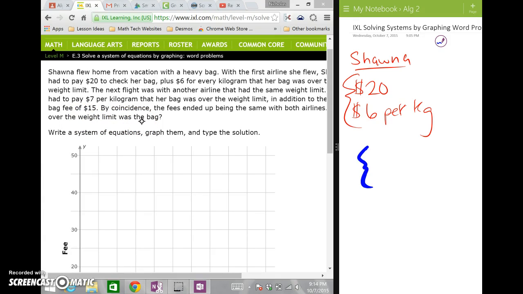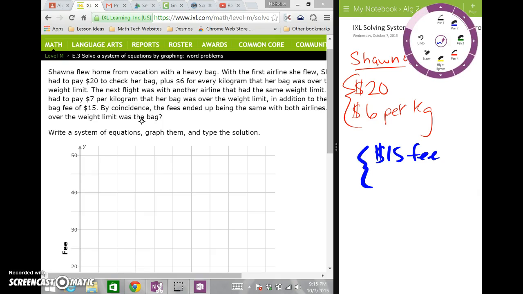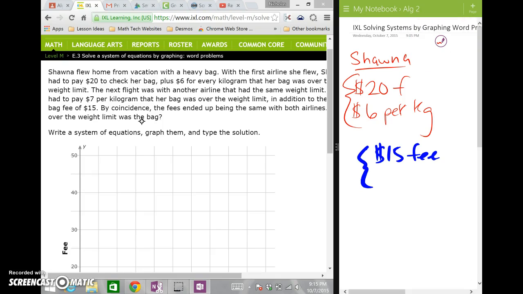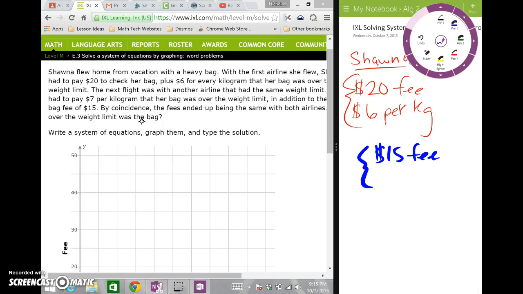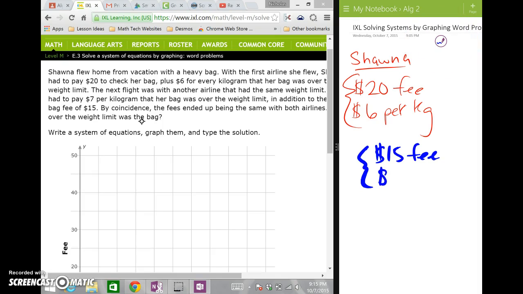So with this next airline, she pays right away $15, so we can call that a $15 fee, and just to make everything the same, call this a $20 fee for the first airline. And so she paid a $15 fee for the second airline, and then for every kilogram that she's over for this airline, she has to pay $7 per kilogram.